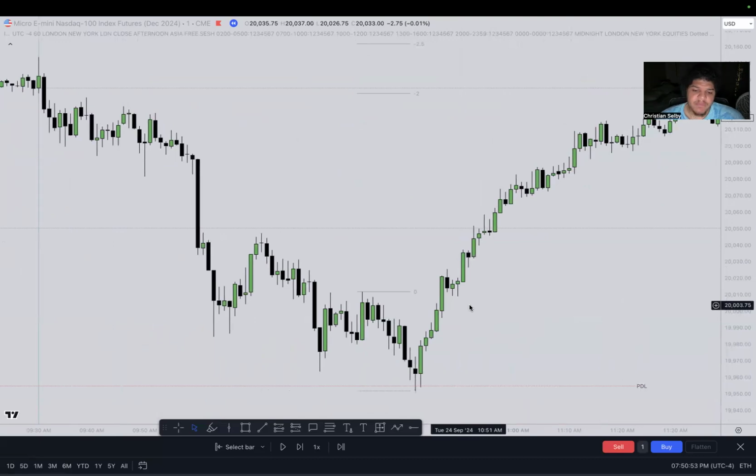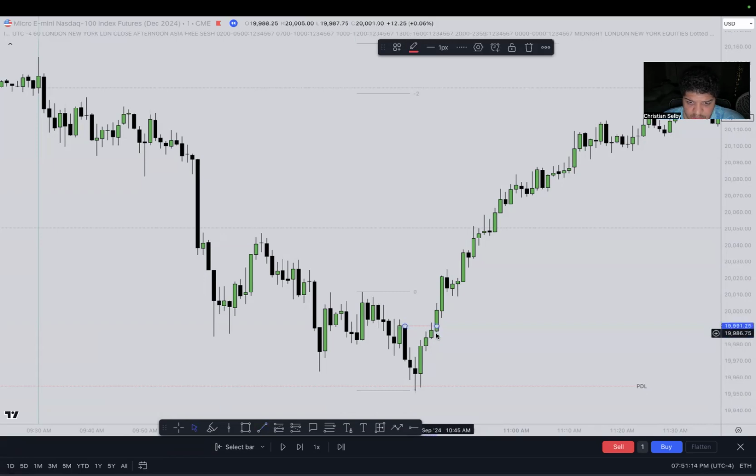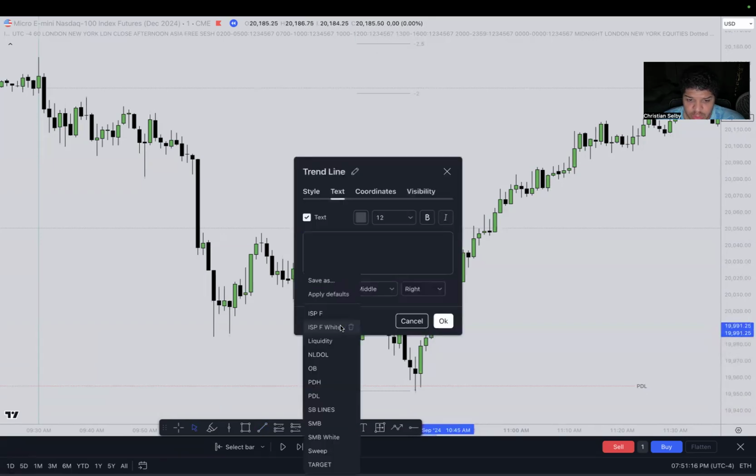We don't have any form of reversal pattern that makes sense, that indicates to us that our bearish move is completely over until technically we get this break here. You could say this is a change in state of delivery, which it is, but in my opinion this is a little too aggressive, especially since this is a 1 minute change in state of delivery. I have that as OB.